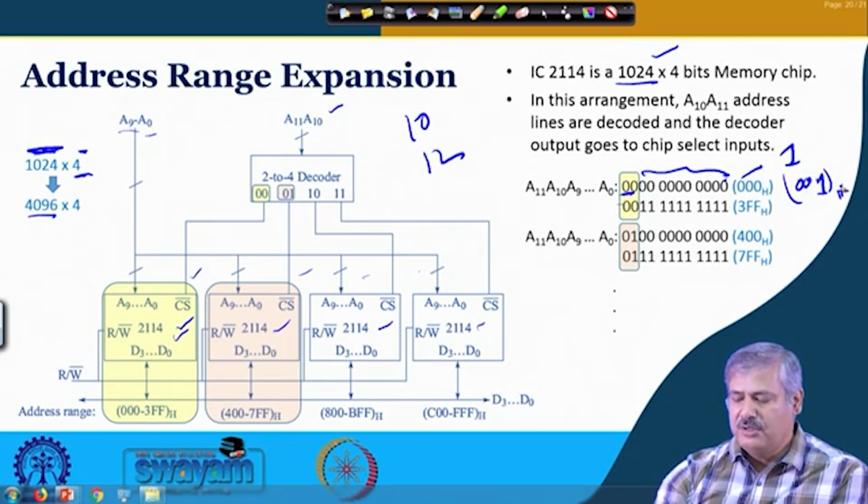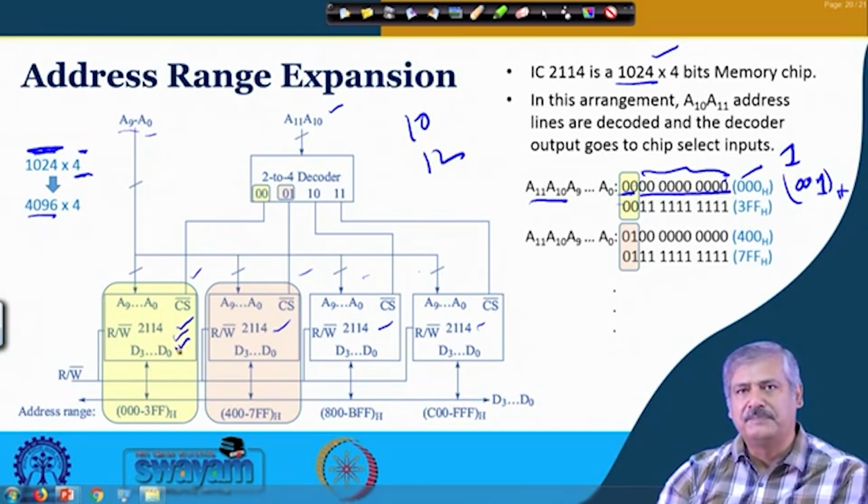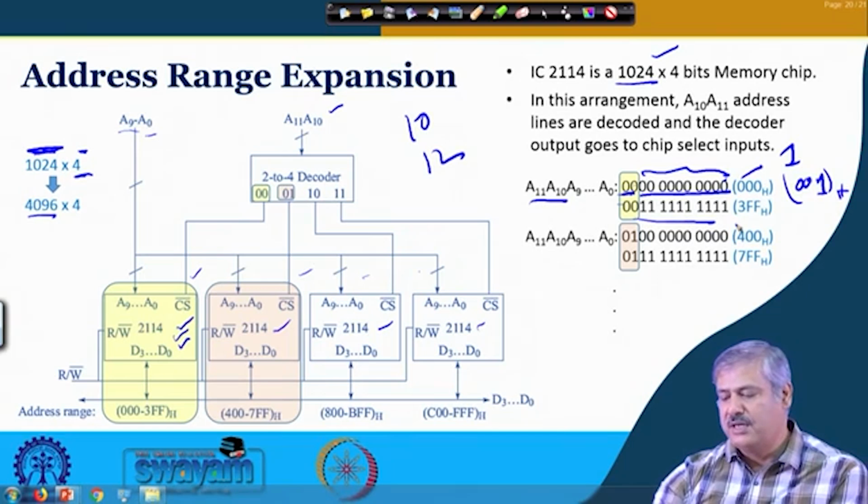Because these two, A11 and A10, remain constant at 0 0, whatever you do with the rest of the A0 to A9 bits is happening in this particular block. And how far can you go with this? With A0 to A9 all becoming 1, that is your 3FF that you can read in hex, meaning groups of 4.